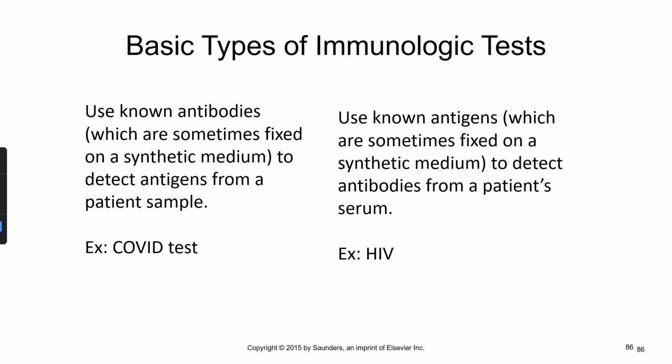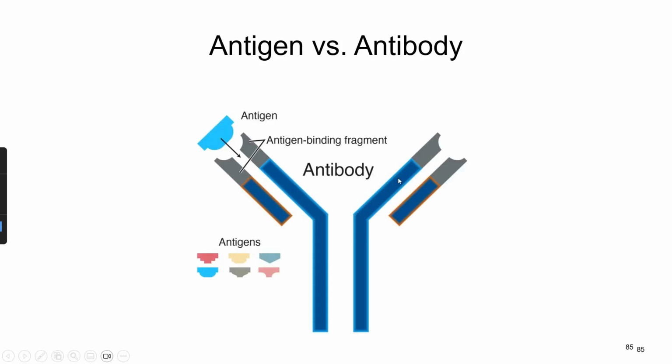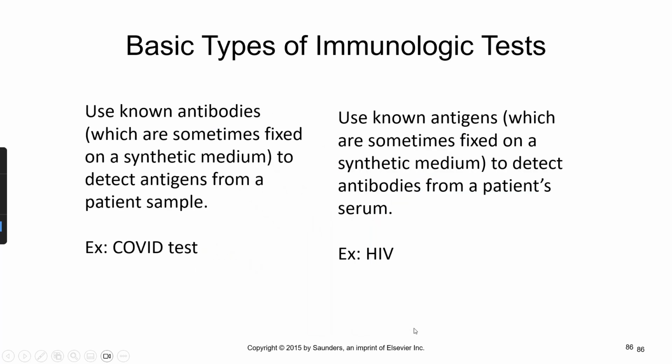Sometimes we fix those antibodies to a synthetic medium. So we have a little piece of paper on the bottom, filter paper, nitrocellulose membrane, and then we have the antibody that's been stuck to it. And that antibody has its little antibody arms sticking up in the air. So it's stuck to a piece of paper or some type of membrane.